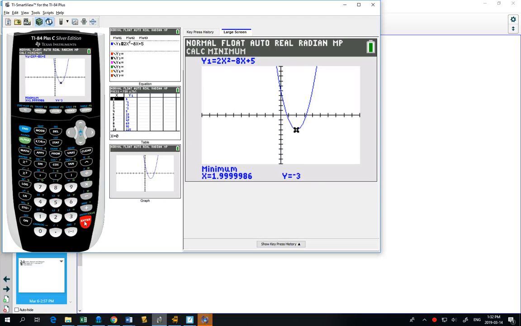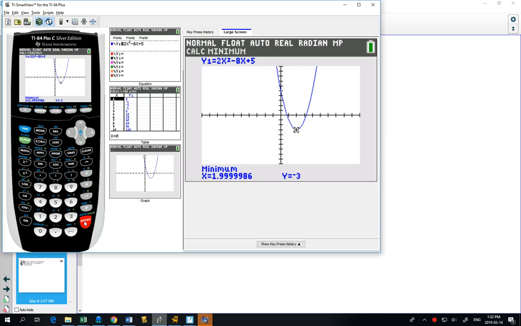Then it draws 2 arrows, and if your minimum is between those 2 arrows, you can push enter again, and it finds it at, ooh, interesting, 1.9999996, 3. Now, we know from the calculus we did that it's exactly at 2, 3. But this shows us that our calculator has some error in it. In fact, the calculator has a program that it uses to find the value.